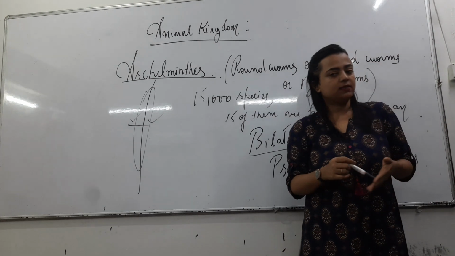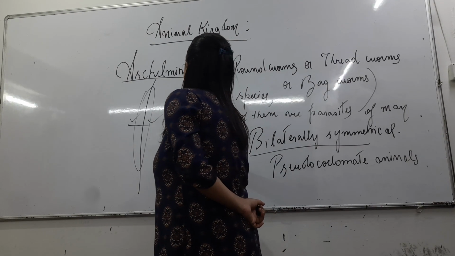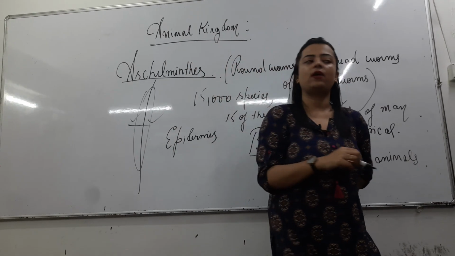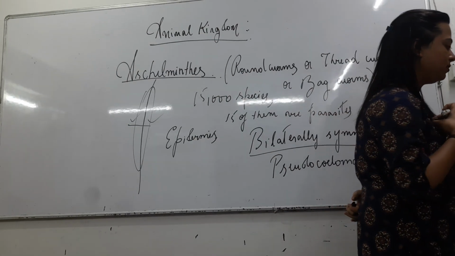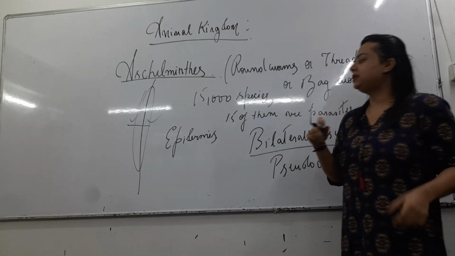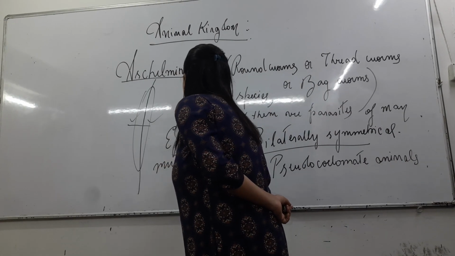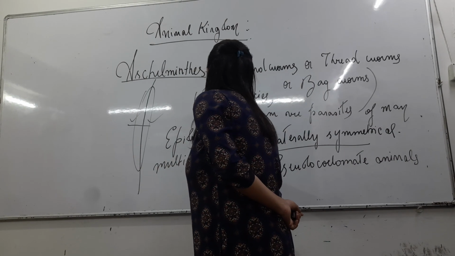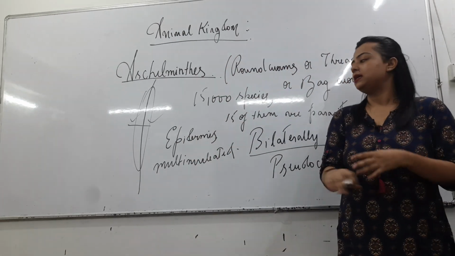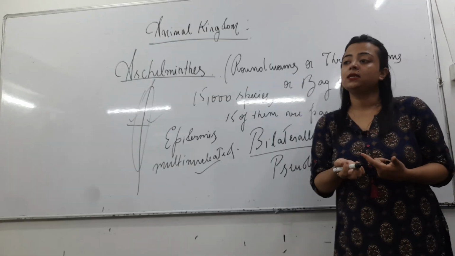Their epidermis is multinucleated. What is epidermis? The outermost layer of the skin. It is multinucleated. What is multinucleated and uninucleated?